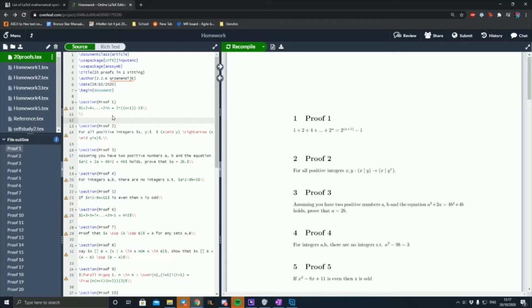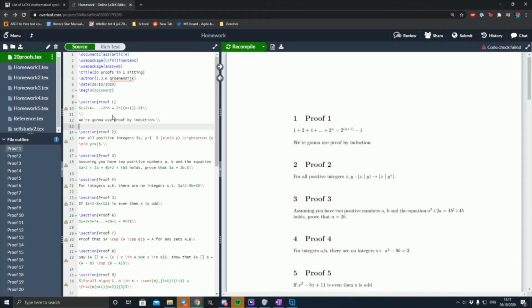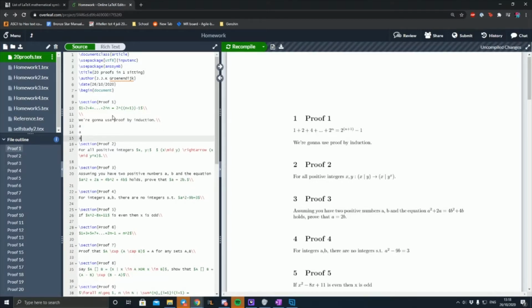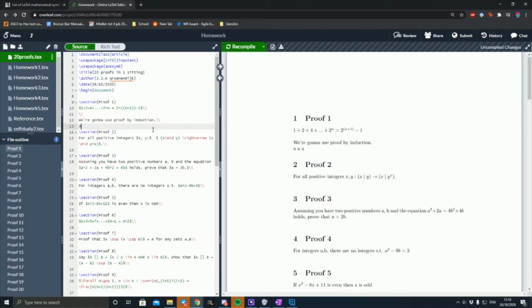So we're going to use proof by induction. When you see me use these 2 backslashes, that means enter, a line ending, because otherwise it might not put a line break in between them.